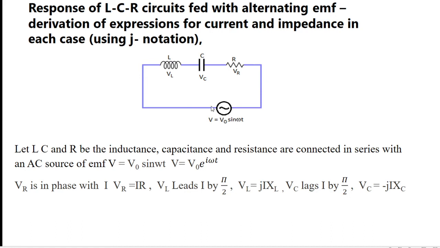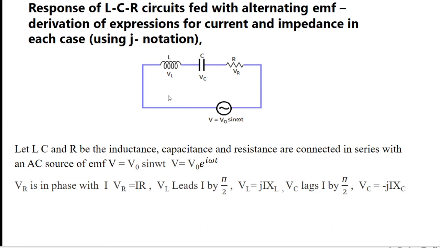When we apply EMF to the circuit, then current flows in the circuit, and there is a voltage drop across the individual components. According to Ohm's law, the voltage drop across an individual component is given by V is equal to IR.